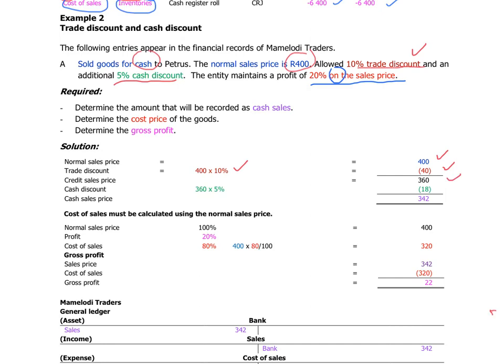Then there's an additional cash discount of 5%. So on the 360, we will deduct 5%. That will give me 18 Rand. So the price at which these goods were sold was 342 Rand.